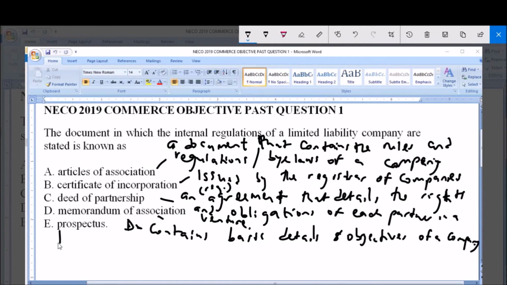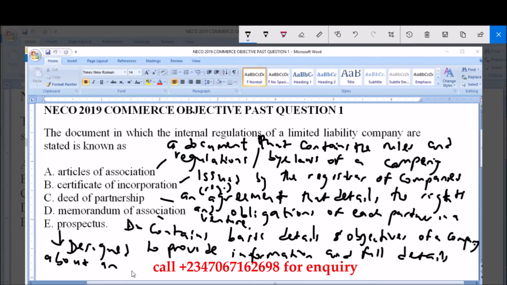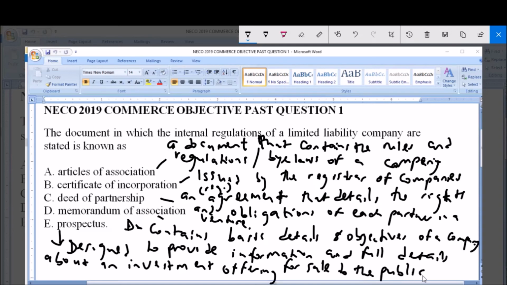Then lastly, the prospectus is a document designed to provide information and full details about an investment offering for sale to the public.